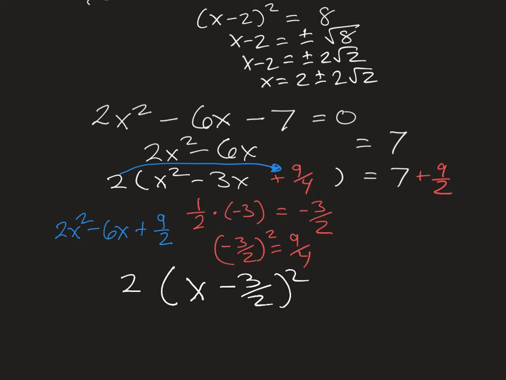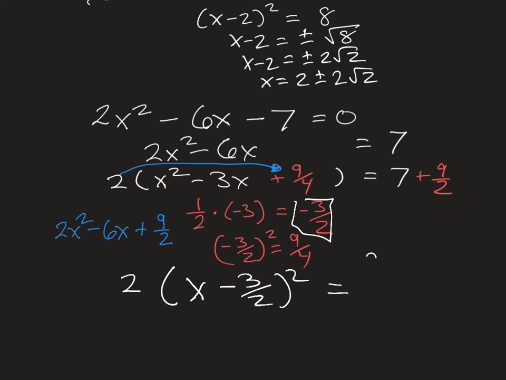A good trick is, if you've done it correctly, the complete square is always x plus whatever you got when you halved the linear coefficient. In this case, I got -3/2. Okay, so 2 times x minus 3/2 squared equals, let's just write 7 9/2 as an improper fraction.